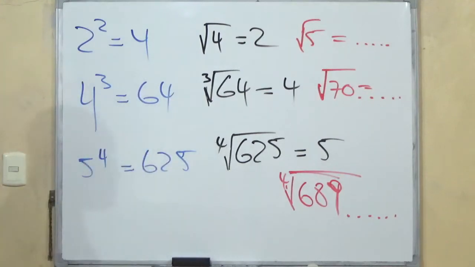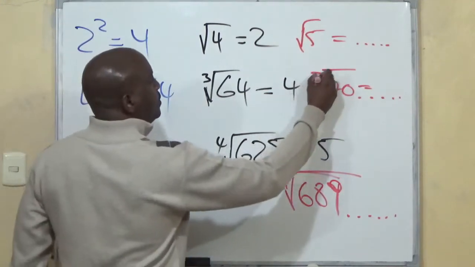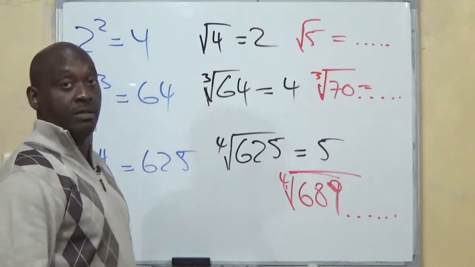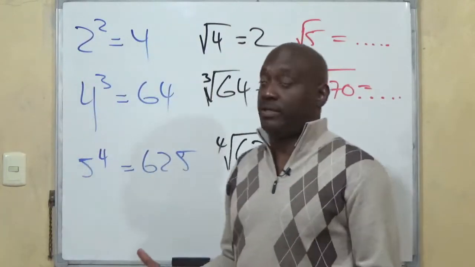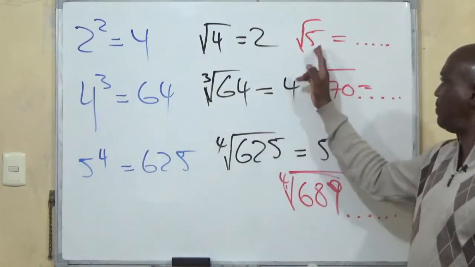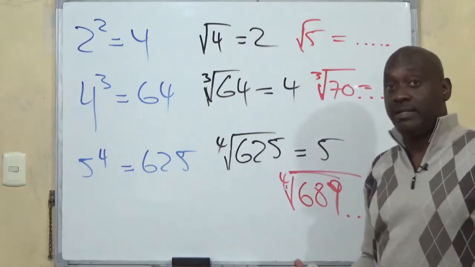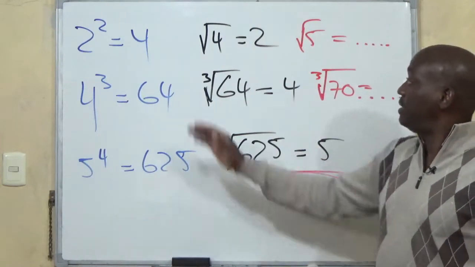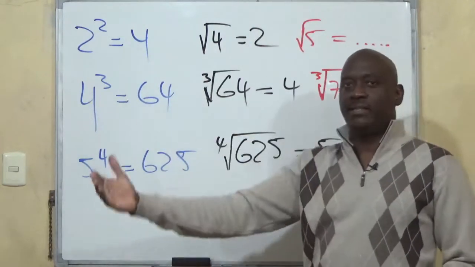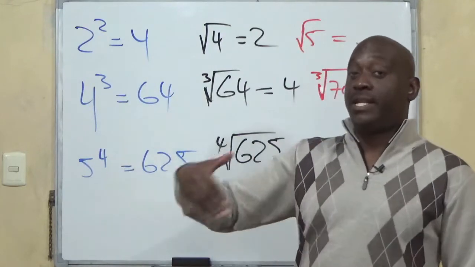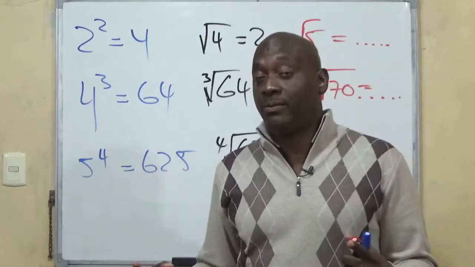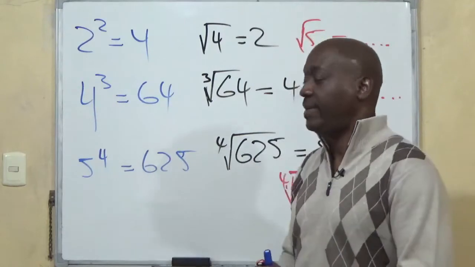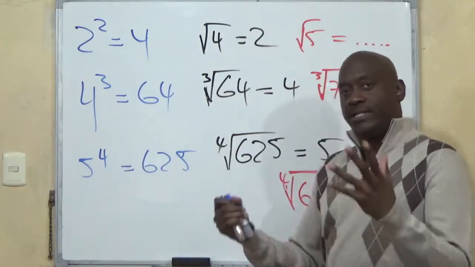Just by looking at these numbers, starting with the power that we're most familiar with, you know immediately that the square root of 5 will not be an integer, because the square root of 4 is 2, and the next perfect square, we will come to that shortly, is the number 9, where the square root is 3.